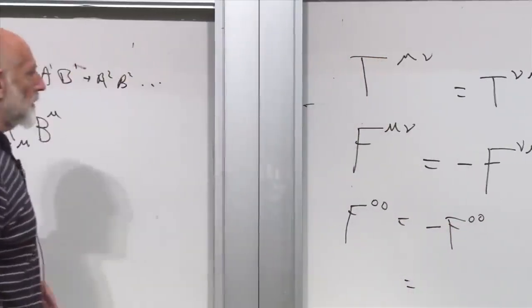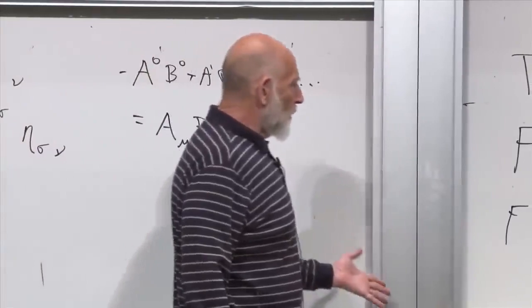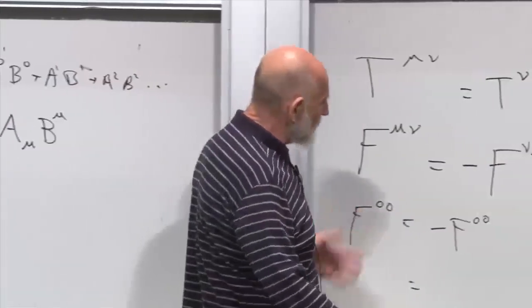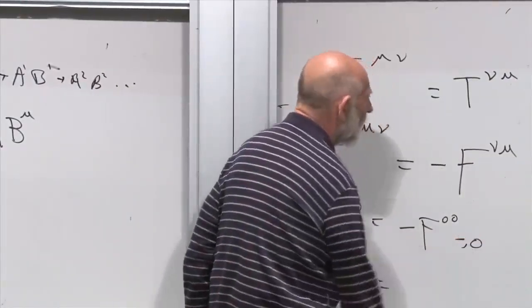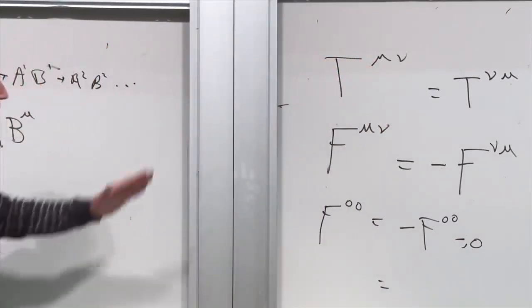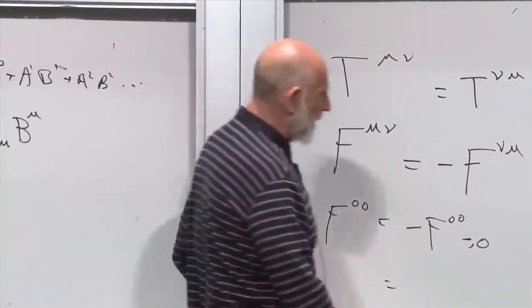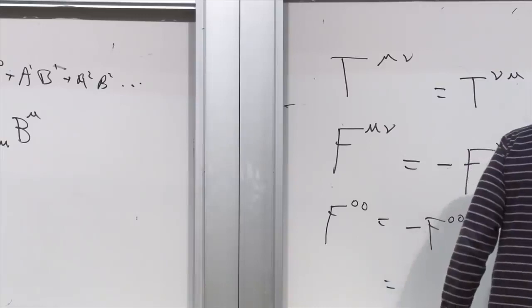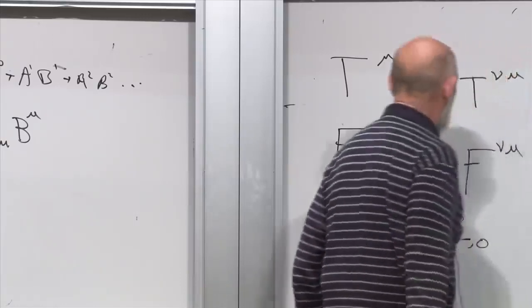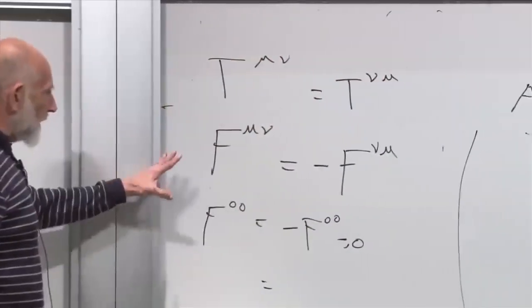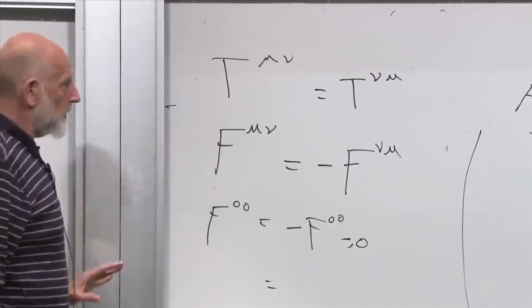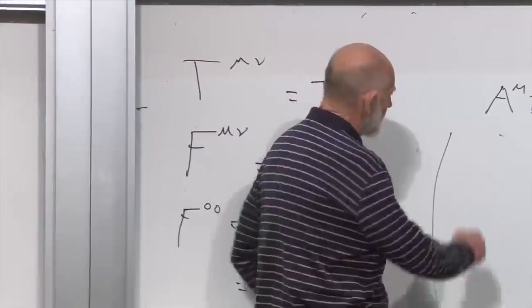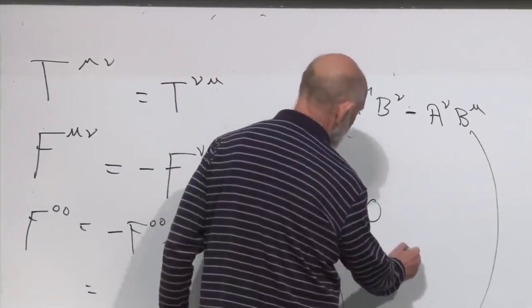Set mu and nu equal to time. F00 is minus F00. The only solution to that is 0. So if you think of a tensor as an array, a matrix if you like, then an antisymmetric tensor, this is the one we're going to be interested in, is completely 0 on the diagonal.